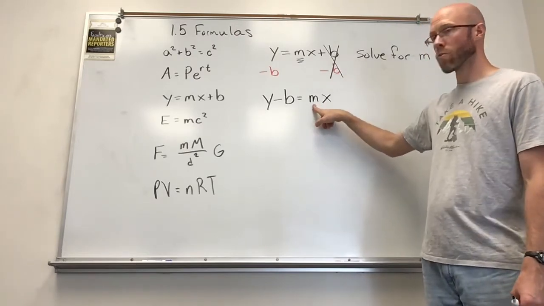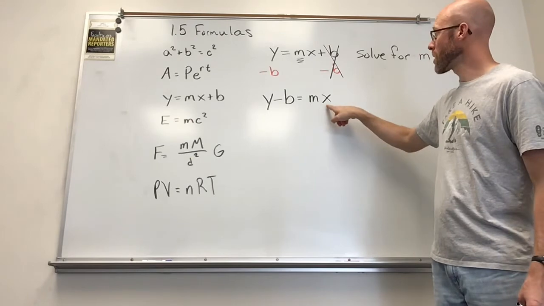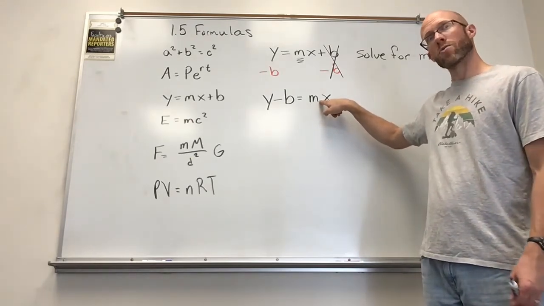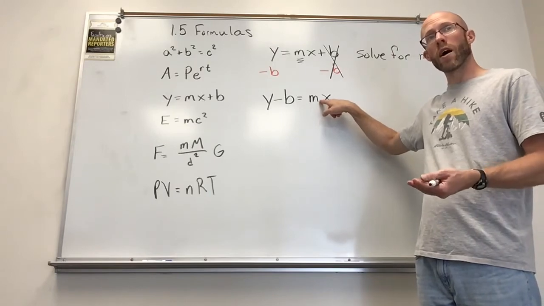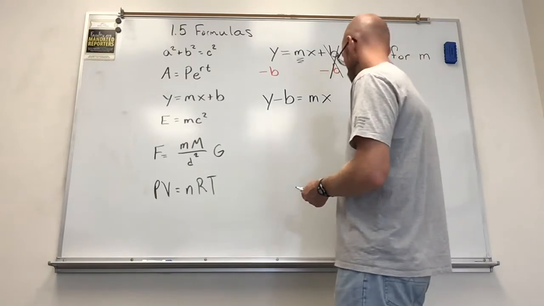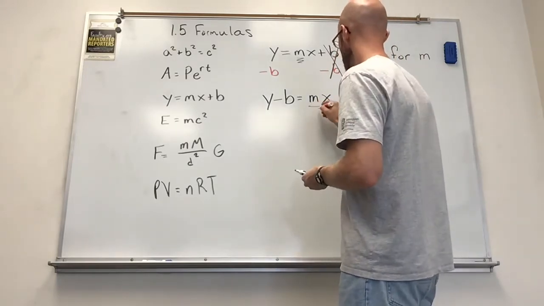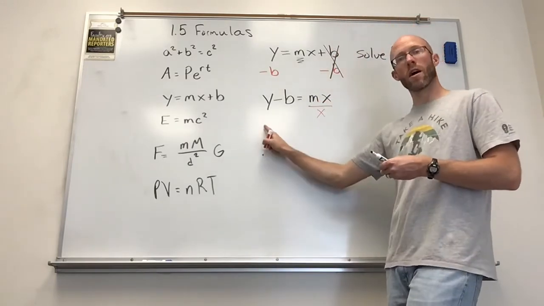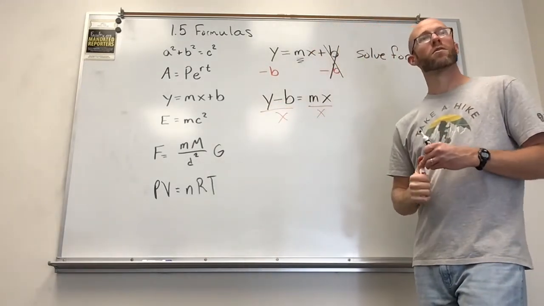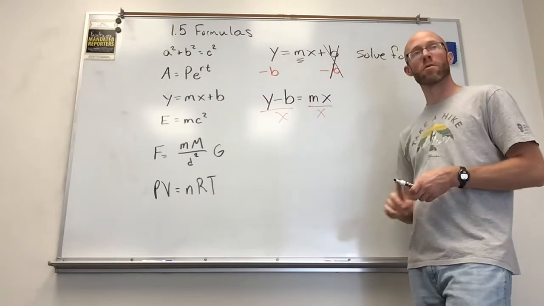Now, the m is what we're solving for, so I need to get rid of the x. The x is being multiplied here, so to get rid of that, or change it to a 1, I have to divide by the x. So I'm going to do that next. Divide by x. If I do that on the right, I must do that on the left. Now I've divided out the x on both sides.